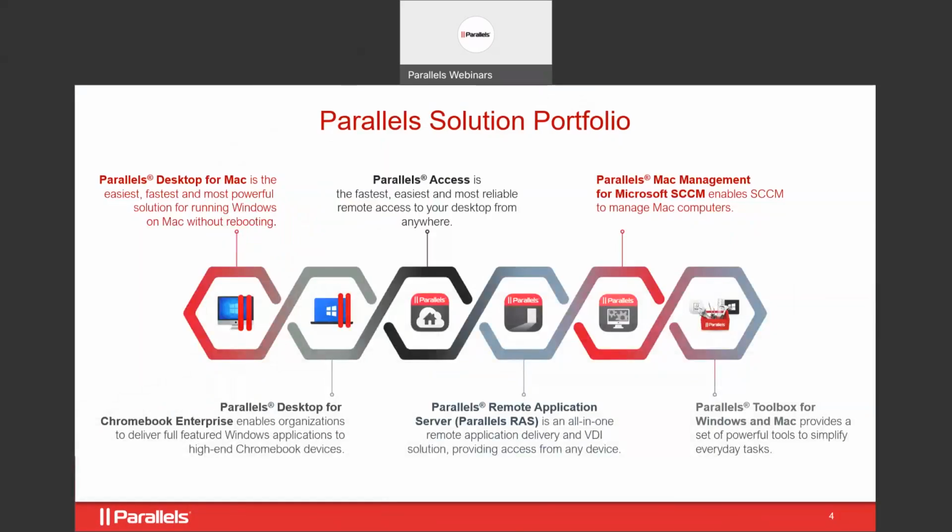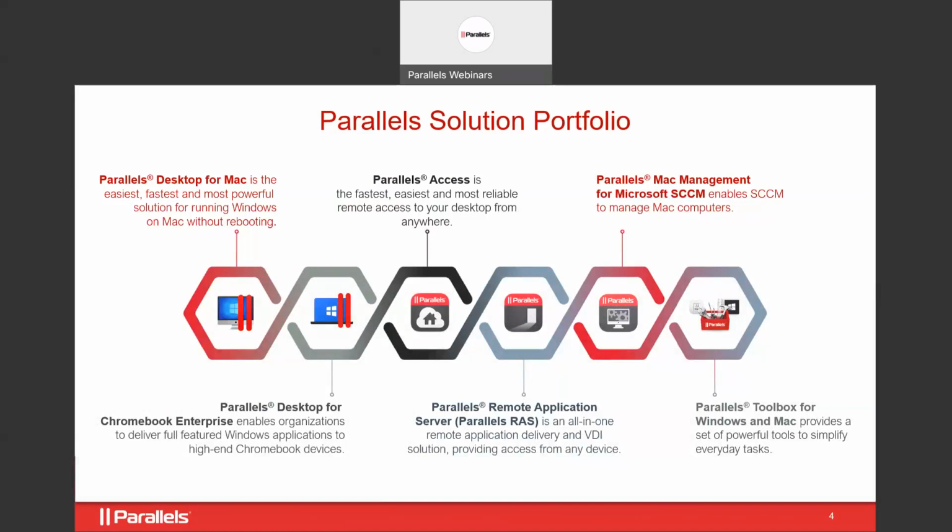So, as most of the customers out there probably know us from another product in our segment, Parallels Desktop for Mac. We were the first company to create a level 2 hypervisor where you could run Windows in parallel to your Mac operating system. Over the years, we developed some other technologies. We have, from last year, Parallels Desktop for Chrome.